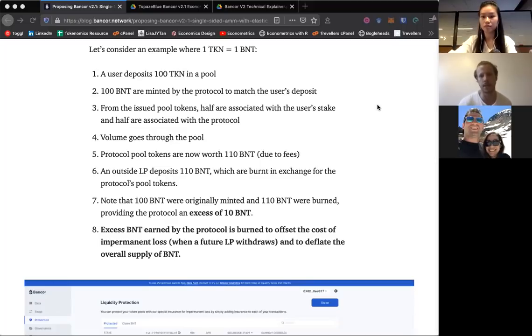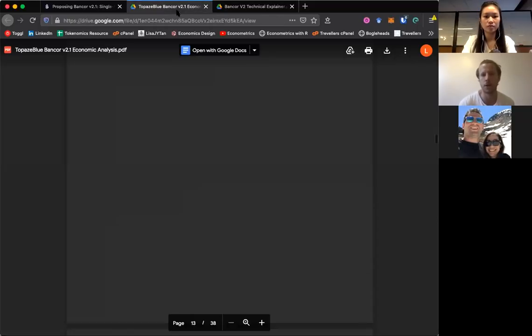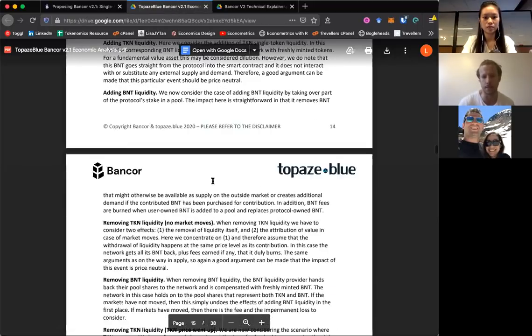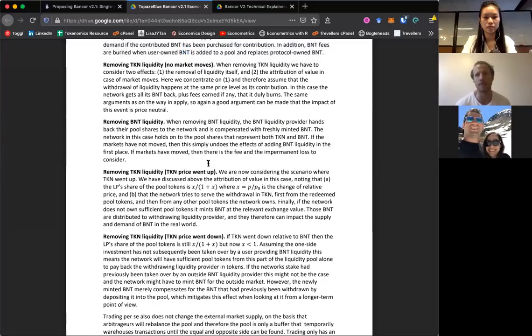Only in instances of arbitrage does this new BNT supply actually have an external market effect on the price of BNT. So you can think of two key types of minting. One is to co-invest, and this is a price neutral event. And then the second, which we can get into, is the impermanent loss insurance payouts.